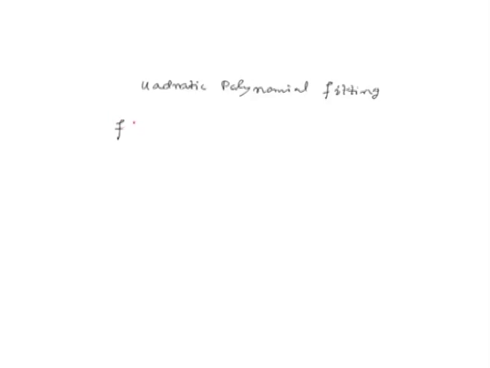So f(x) would be approximated by the polynomial a0 plus a1 times (x minus x_i) plus a2 times (x minus x_i) whole square. So here we have got 3 unknown coefficients a0, a1 and a2.